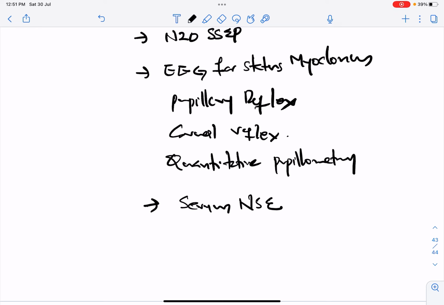We can use these parameters for the neuroprognostication of a patient.